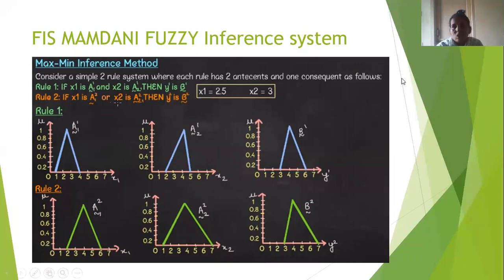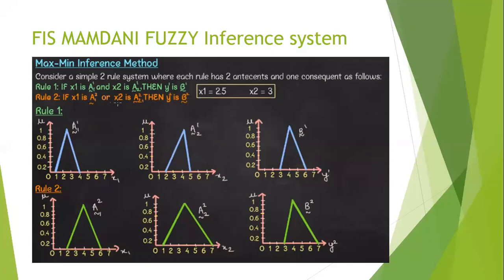So please note down rule 1. If x1 is a11 and x2 is a21, then y1 is b1.